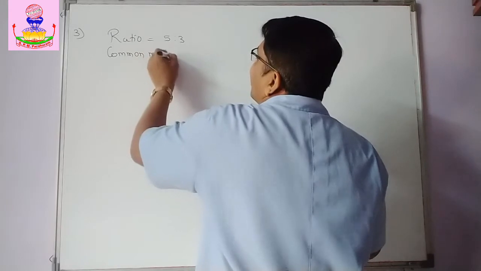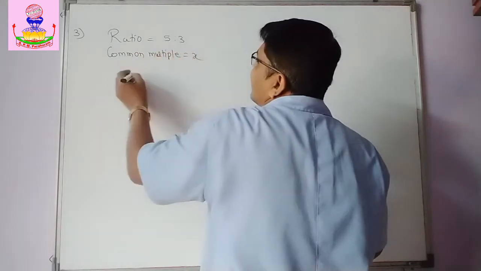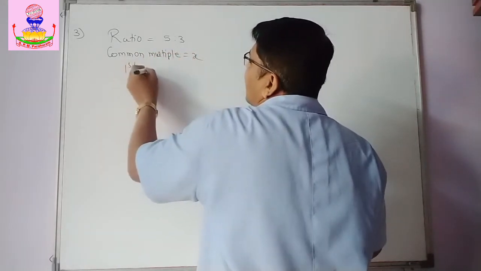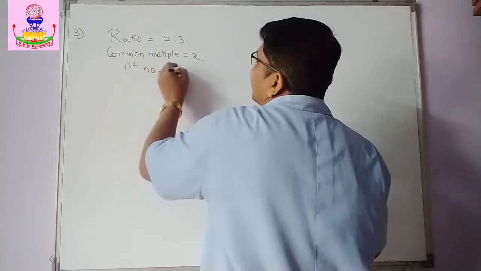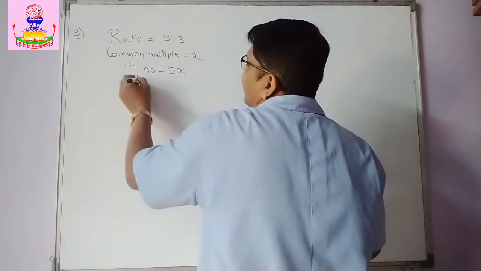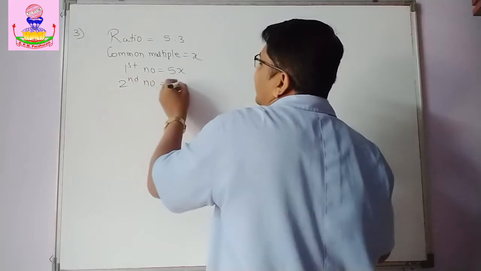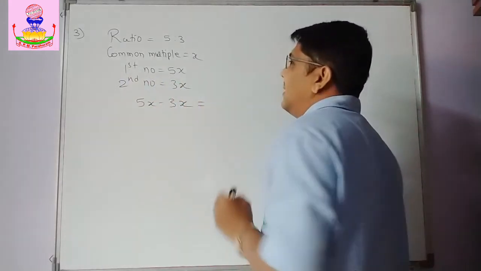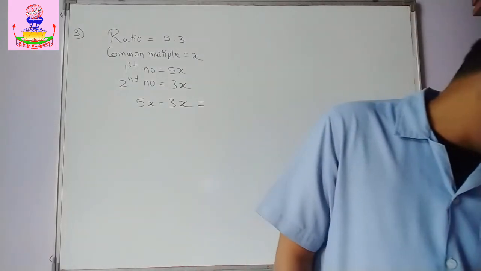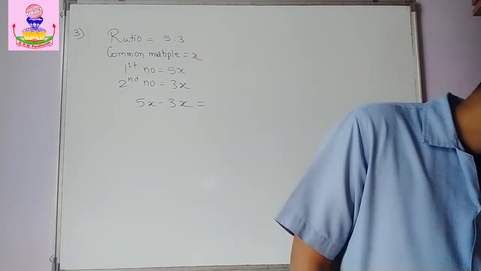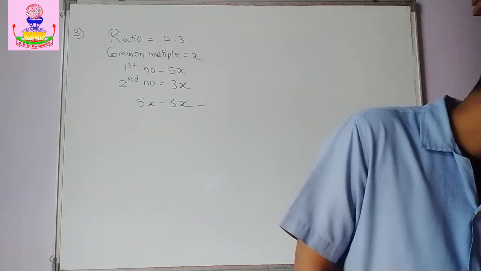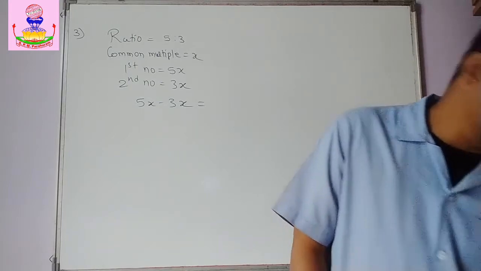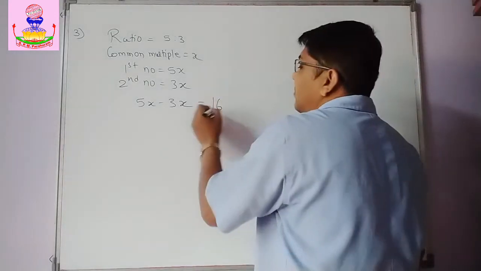Now I am going in a different way. Common multiple x, so the first number will be 5x. The second number will be 3x. Now the difference between them, 5x minus 3x, is given. The difference between them is 16.